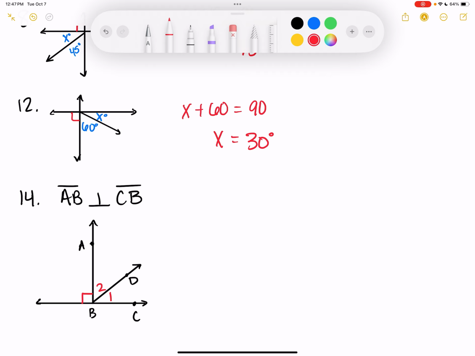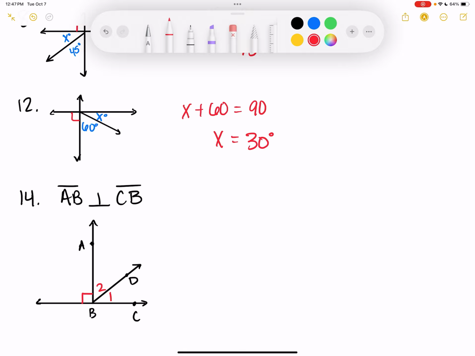So with this, the angles that they've labeled, in this case angle 1 and angle 2, they want us to tell what has to be true about these things. Now some of them could have multiple answers, so if you're checking your answer and they have something a little different than you have, that could be correct. So we'll try to talk about a few of the options on these ones.